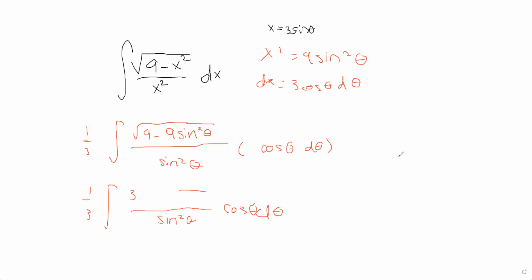But then what can we do with the 3? I believe we can factor that out as well, and that'll just cancel that out. Works out pretty nicely. And then see if you can integrate from this point on.